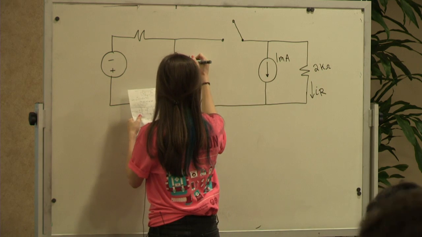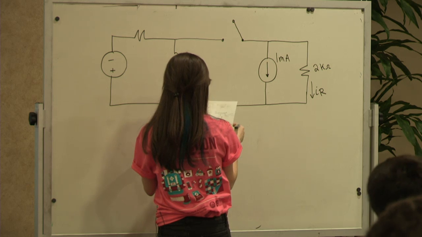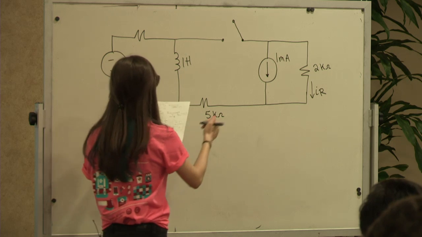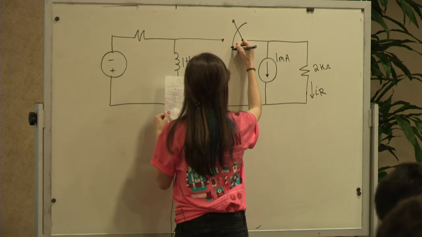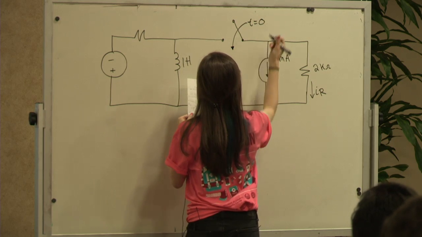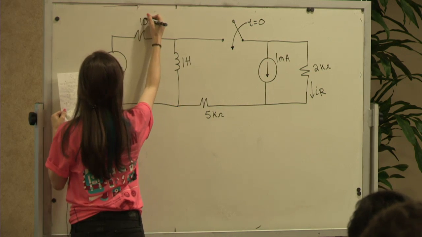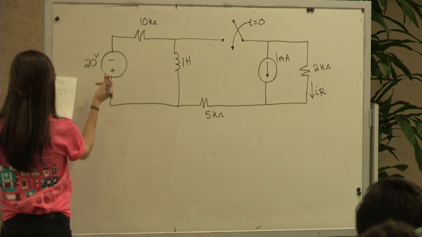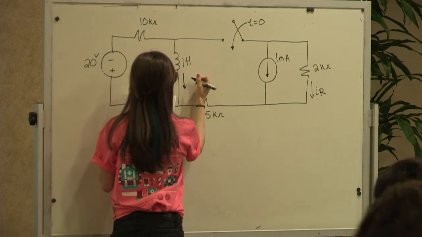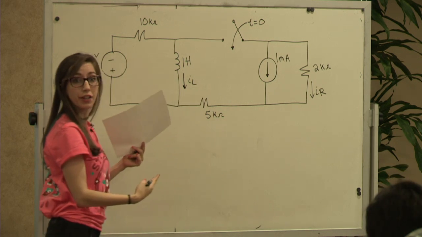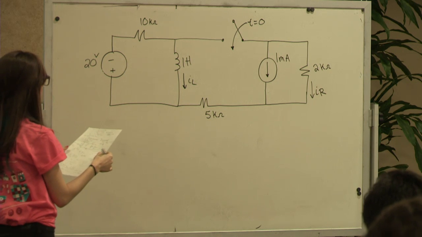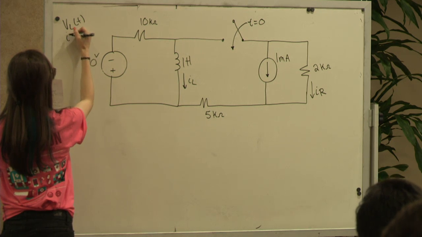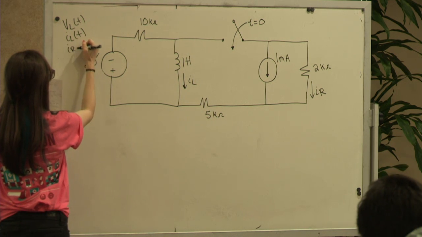Everything here is in terms of kiloohms and milliamps. This is an RL circuit, right? It's just got one inductor, and the question says find VL of t, IL of t, and IR of t.